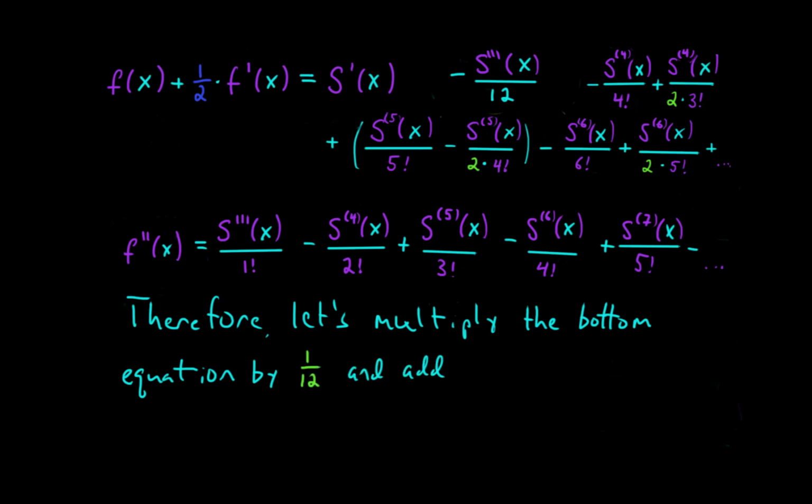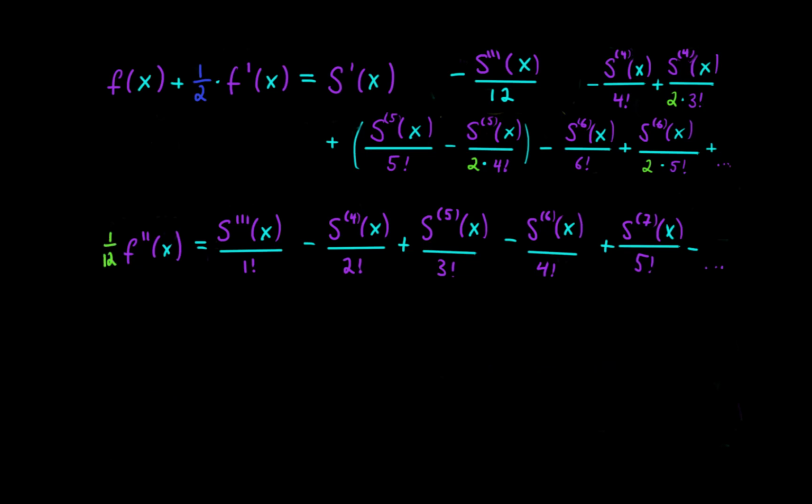So I'm going to do that here. I'm going to multiply the bottom equation on both sides by 1 over 12. That 1 over 12, of course, distributes to all those terms on the right-hand side. Then we're going to sum the equations together.